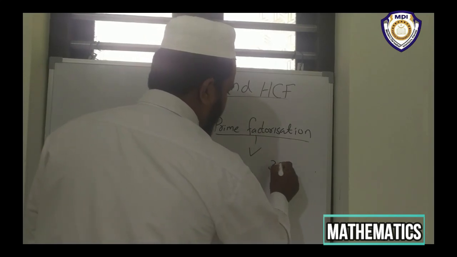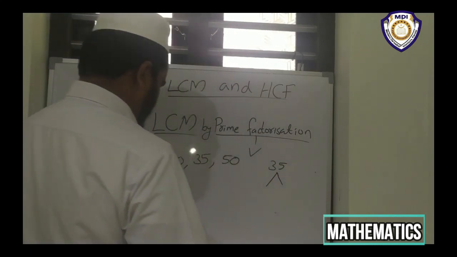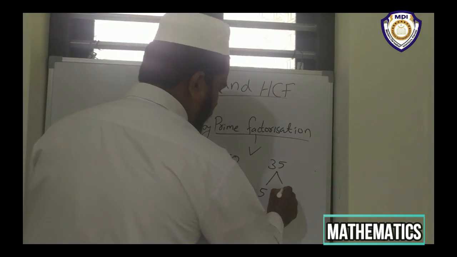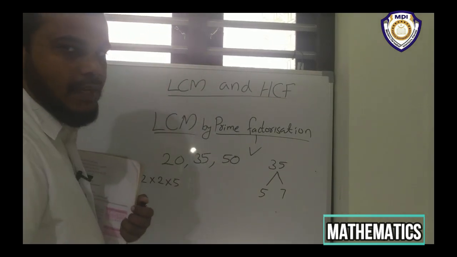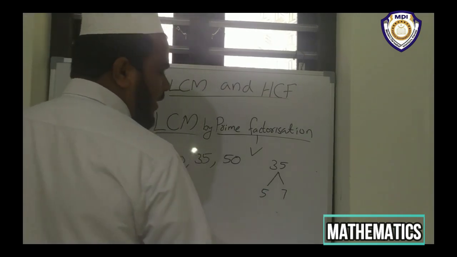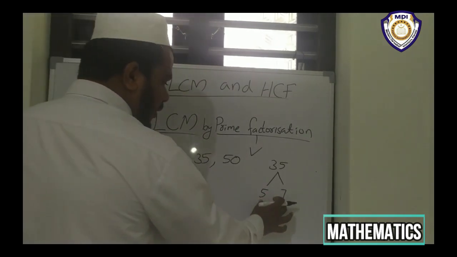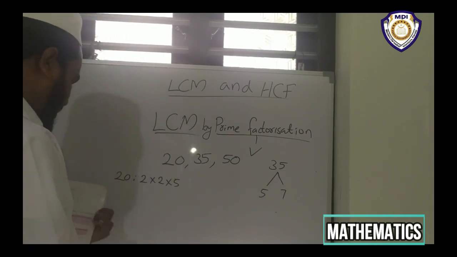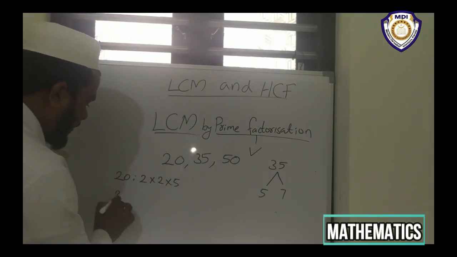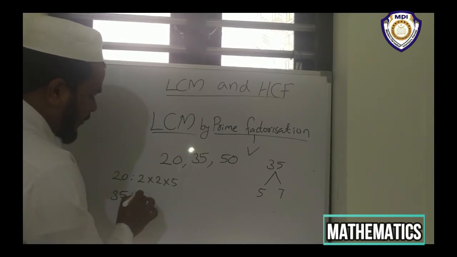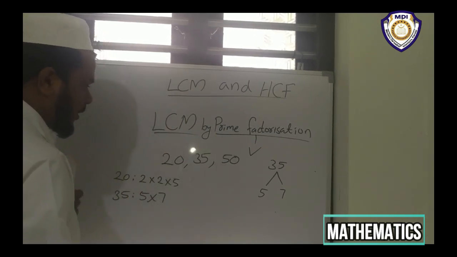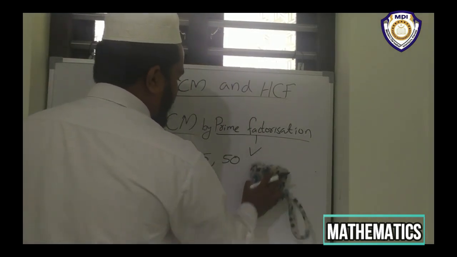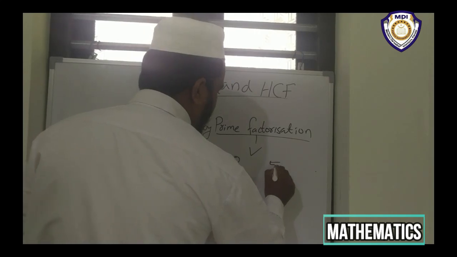Then next, 35. 35 is 5 into 7. Both numbers are prime numbers, so these are the prime factors. Next, 50. We have to find out the prime factors of 50.